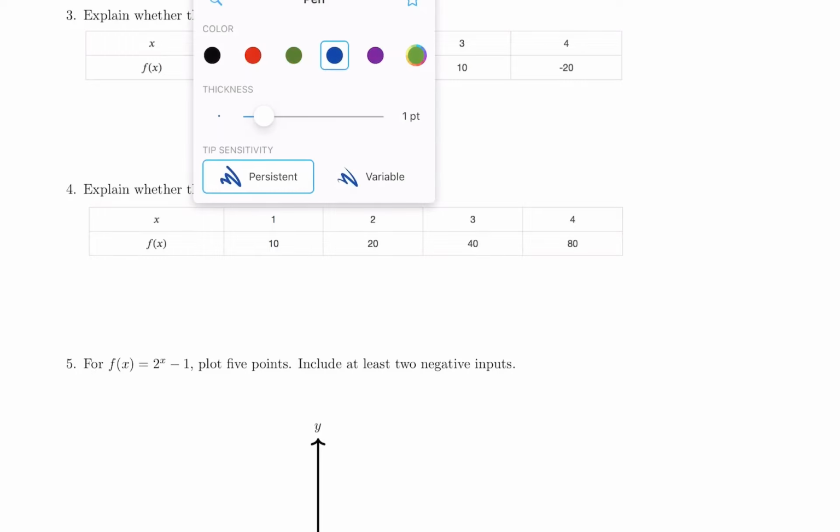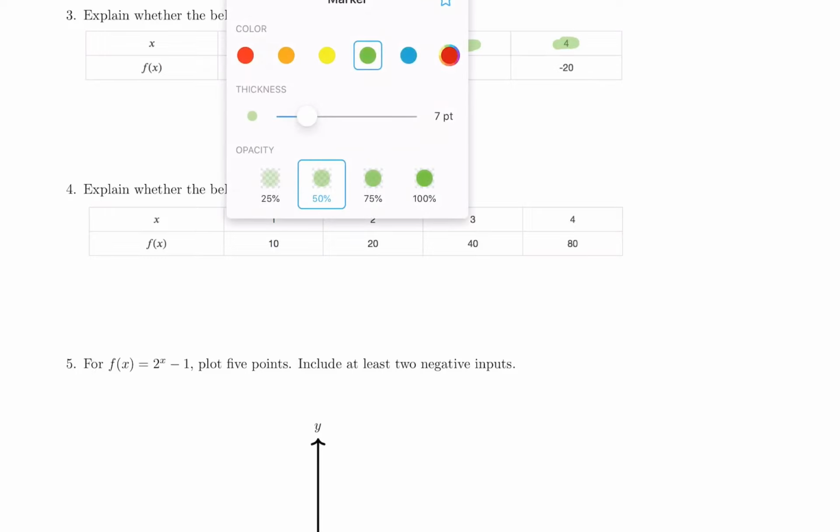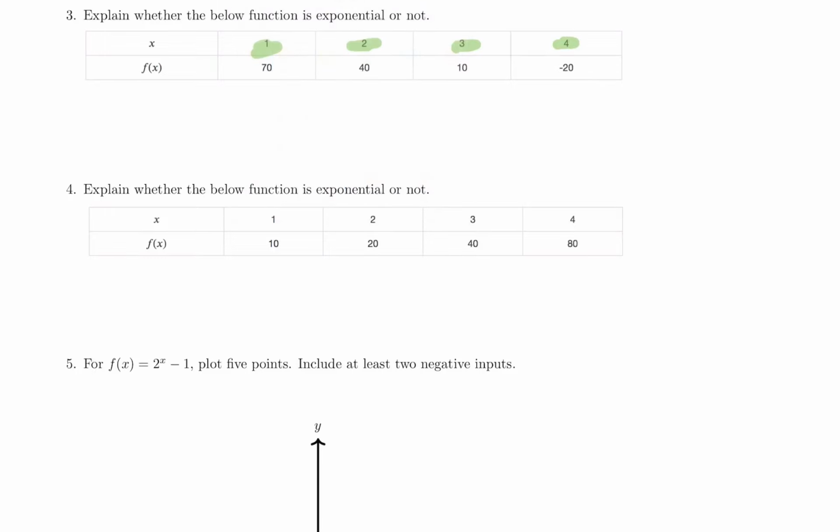So the way we look at it is, as the x quantity increases one at a time, what's happening to the y quantity, f(x), the output quantity? It's decreasing by here 30, so let's subtract 30. Here also decreased by 30. It also decreased by 30, right?